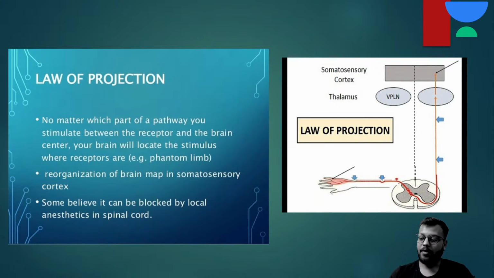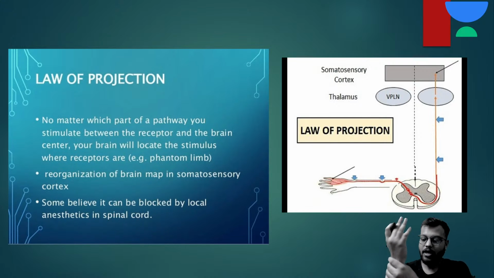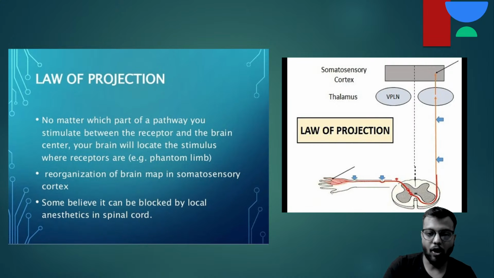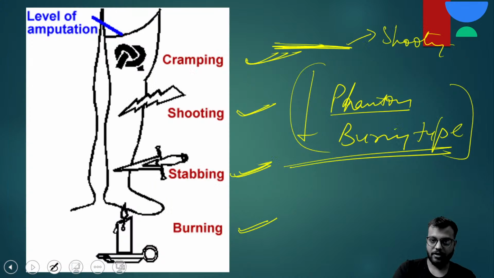So if you have done the amputation from this side, the receptors proximal to the amputation site have sensations from all these areas. So you will have sensations of these areas by the law of projection. Very important in phantom limb.